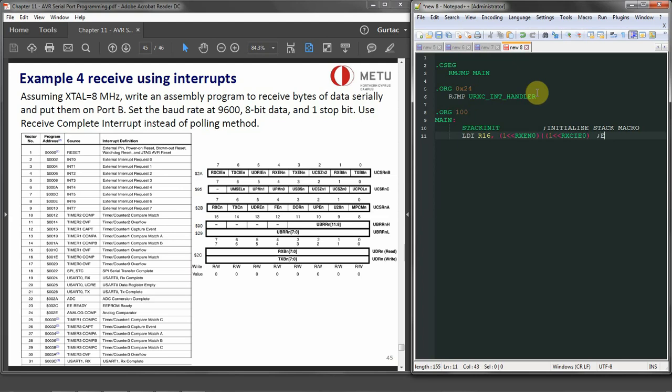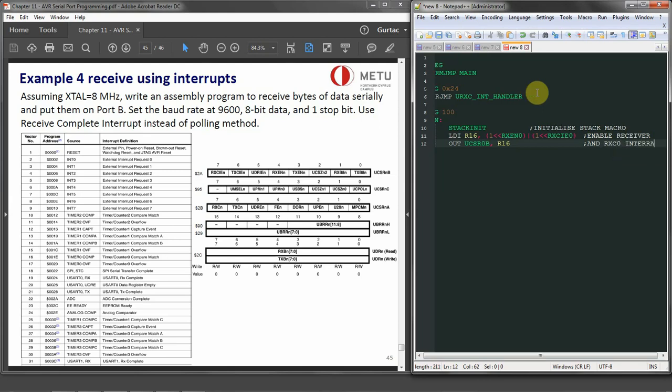So enable receiver, out UCSR0B, R16, and enable receiver and RXC0 interrupt. That's right, interrupt.